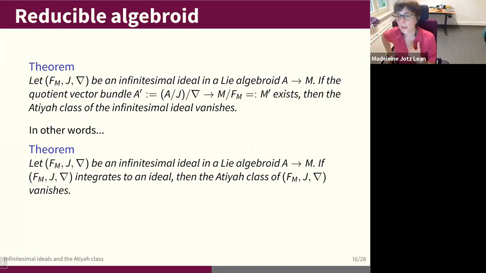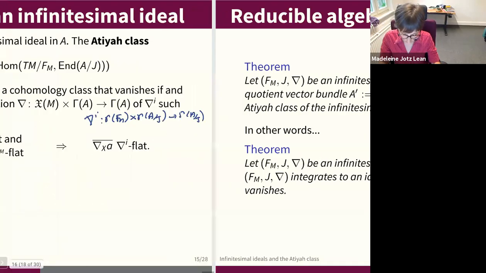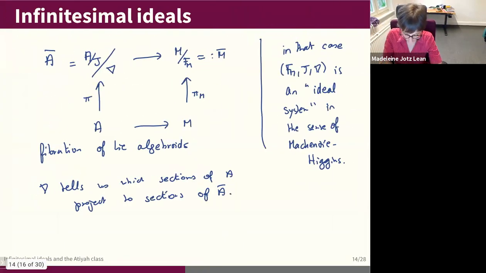And then that brings us to our problem. If we start with a Lie pair, so if you start with J, a subalgebroid of A, well, it can be just a subalgebroid with no further structure, but you might want to ask yourself, does this subalgebroid have a chance to be the kernel of such a fibration, right?